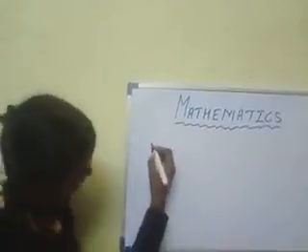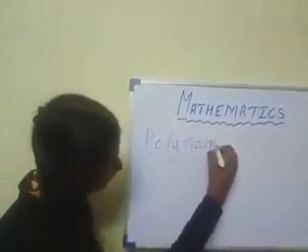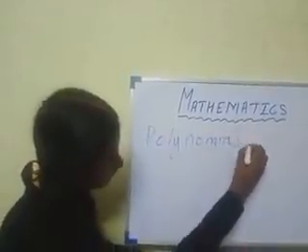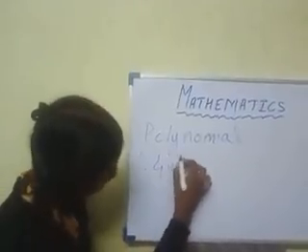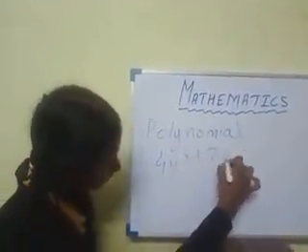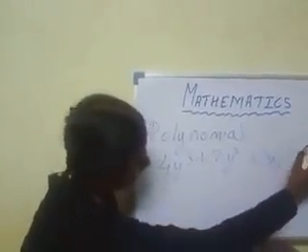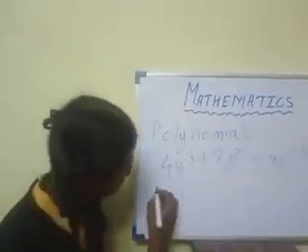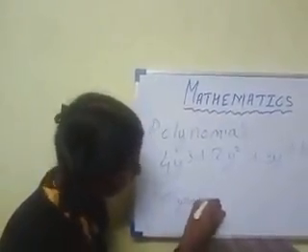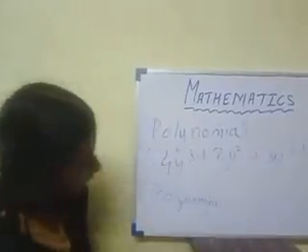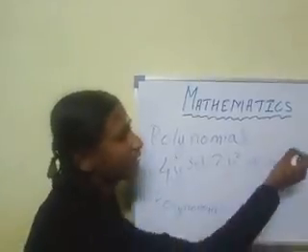Polynomial. First is 4y cube plus 2y square plus 3y plus 6. This is a polynomial. There is no negative power there, only positive powers.